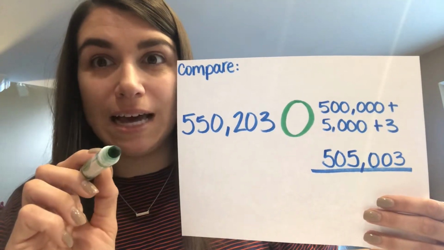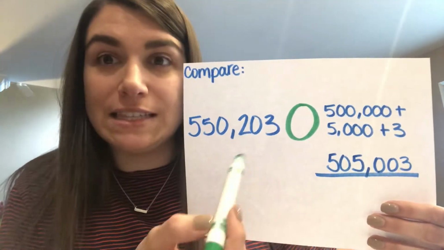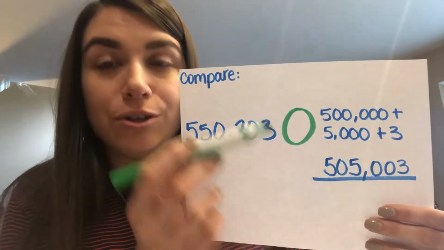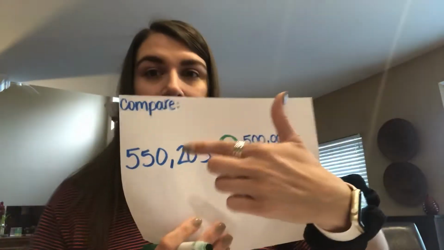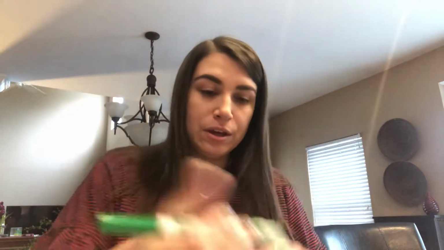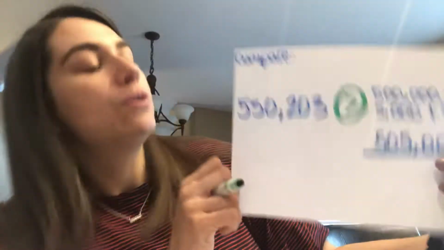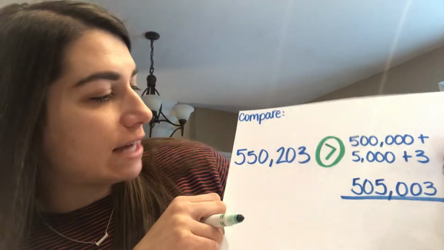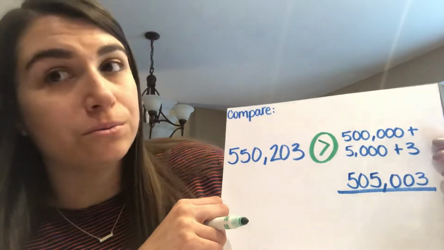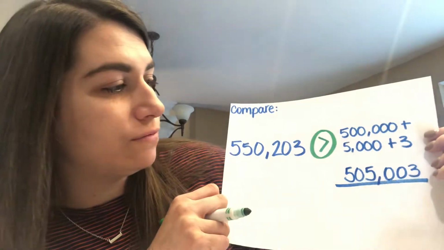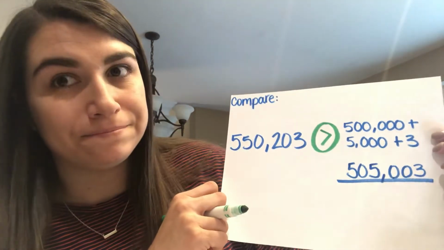So you have to decide which one's bigger, 50,000 or 0. You should have decided that this side is bigger. So your answer, if I were to read this out loud, would be 550,203 is greater than 505,003. Awesome, there's your first one.